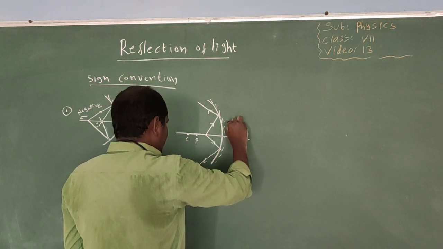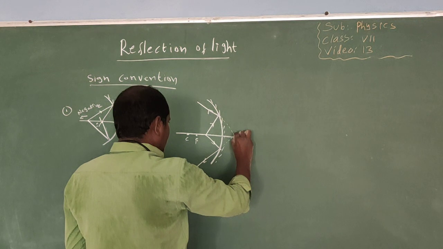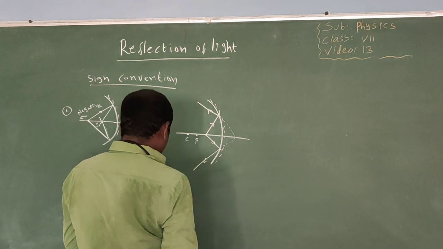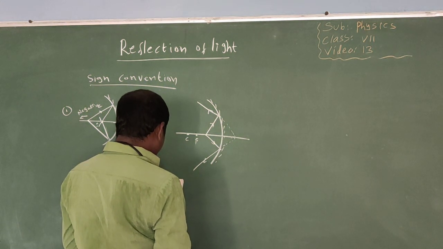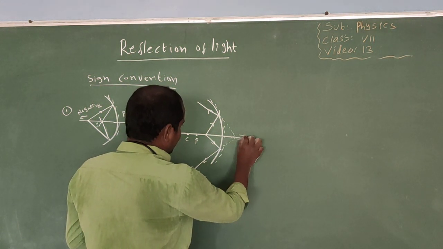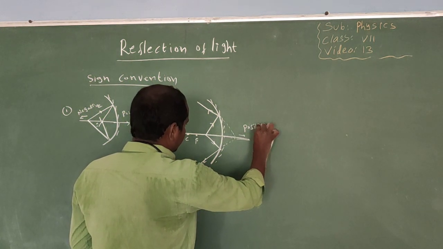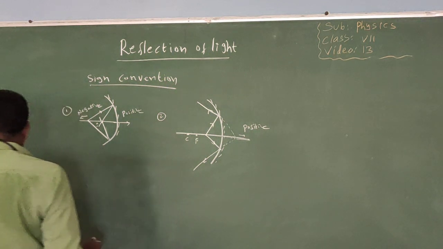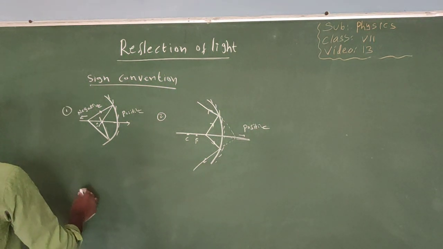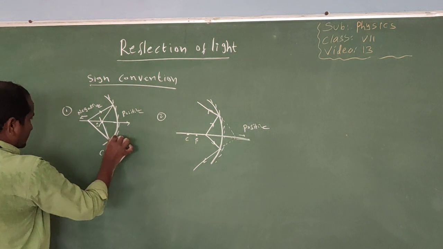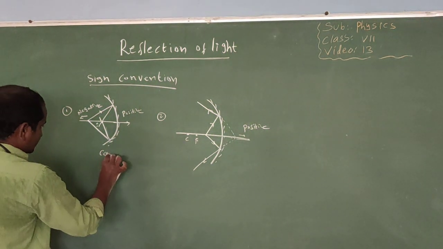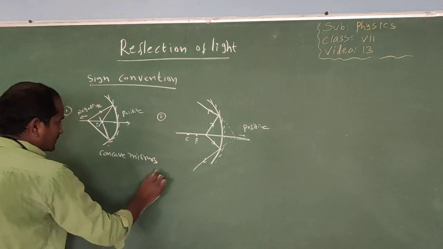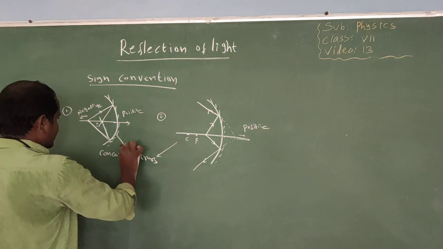The image is formed behind the mirror. Above the principal axis is positive, and this direction is negative. These are all concave mirrors.